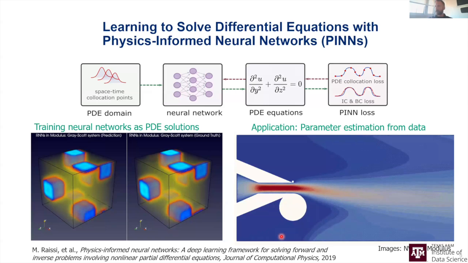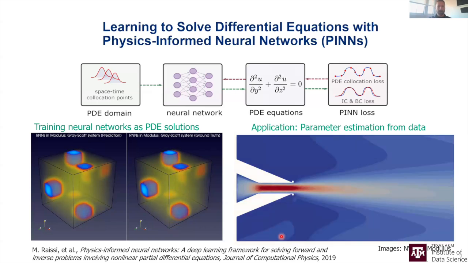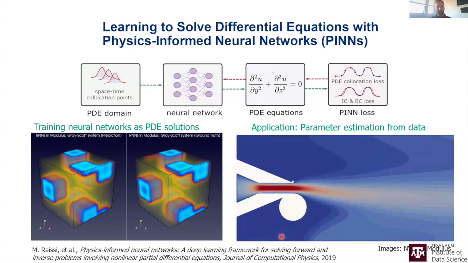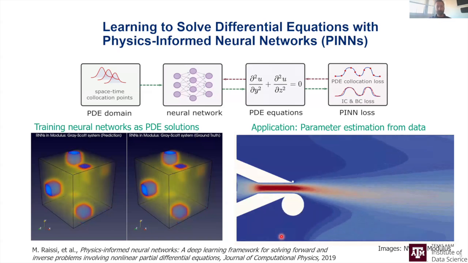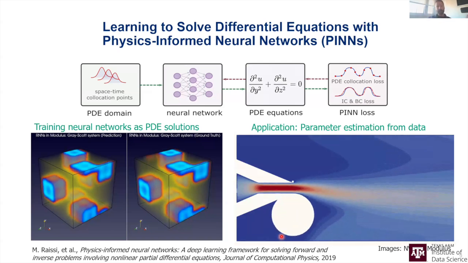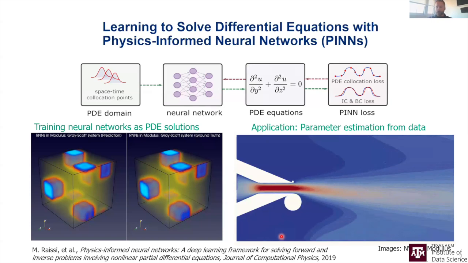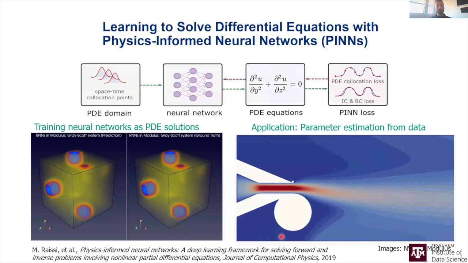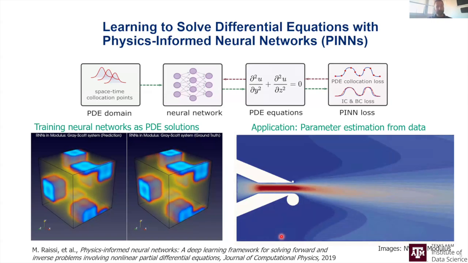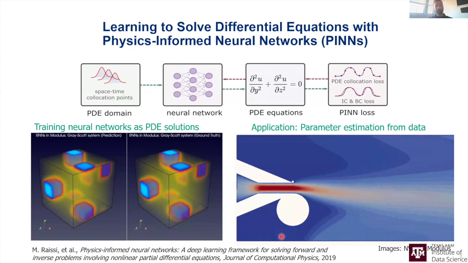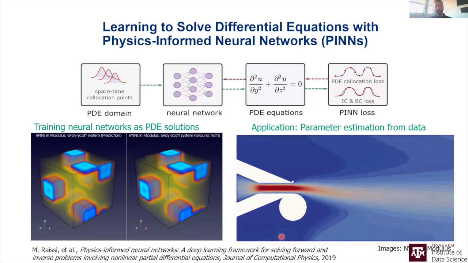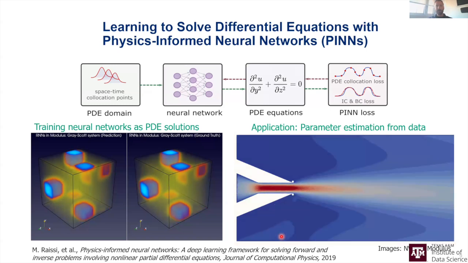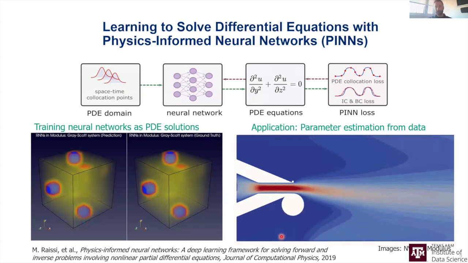This allows us to have basically continuous solutions. We are not required to have any meshing strategies, and because it's pre-trained, it allows for typically orders of magnitude acceleration at inference time. This is very important from the perspective of parametric studies when you want to evaluate a large number of scenarios.